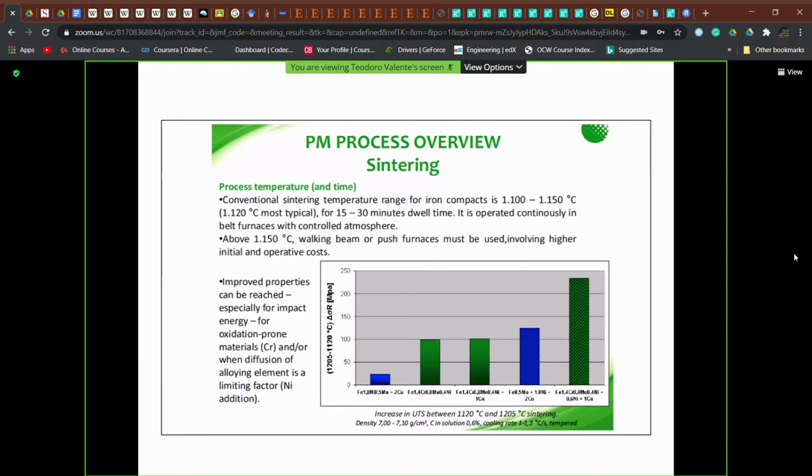So this is just to remember, and obviously every material has its own properties, but if we look at the melting temperature of iron or iron alloys, or the melting temperature of nickel-based superalloys, for example, we do not have so much difference.